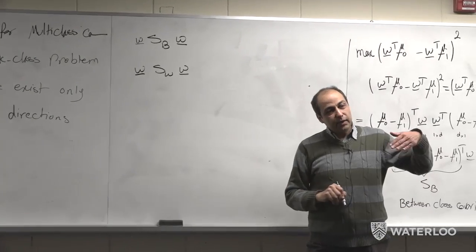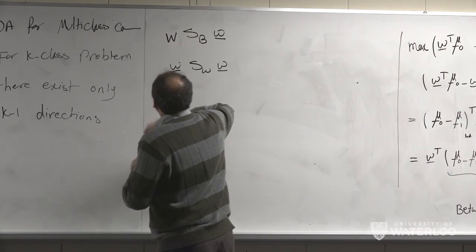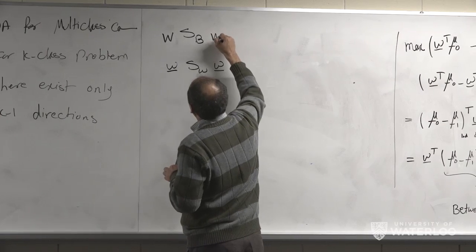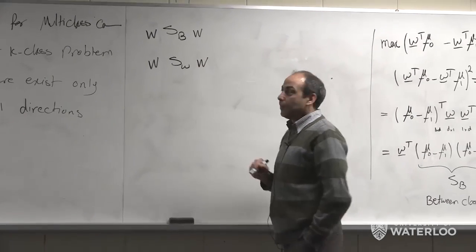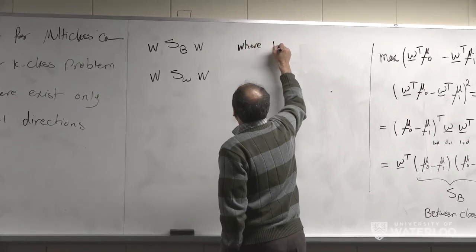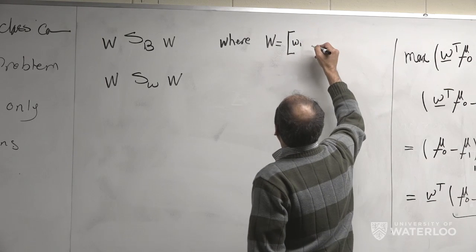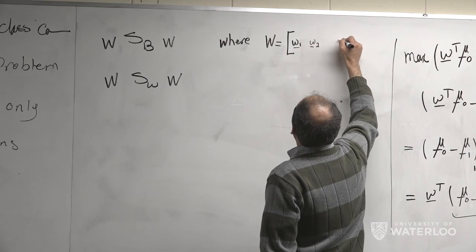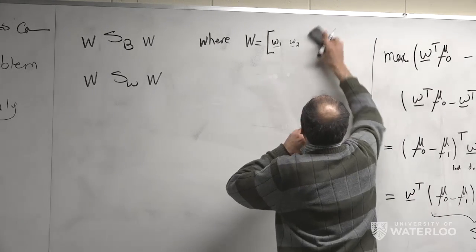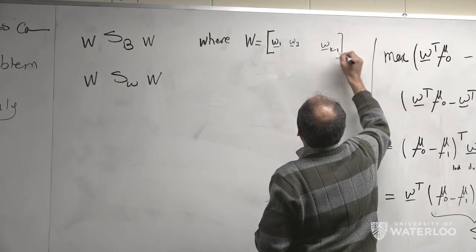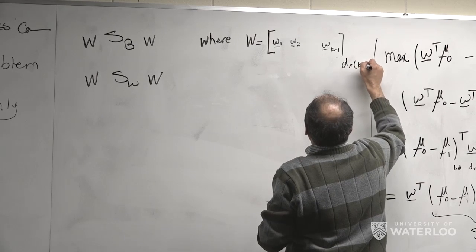In the case that I have k minus 1 directions, let me replace this vector W by a matrix W, where the first column is W1, W2, and the last one is W(k-1), for a K-class problem. So it's a D by K minus 1 matrix.